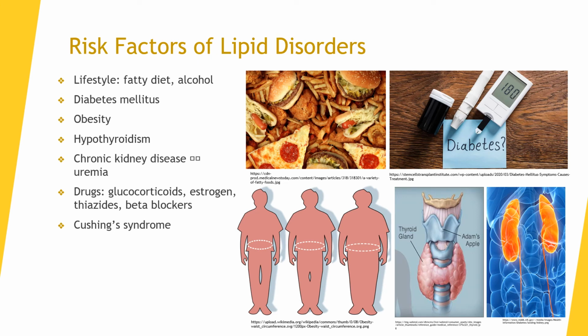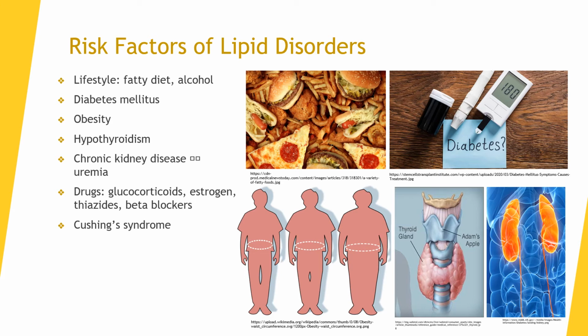Some risk factors of lipid disorders include lifestyle: keeping a fatty diet overall and drinking lots of alcohol makes individuals more vulnerable to lipid disorders. Diabetes and obesity can raise this risk as well.